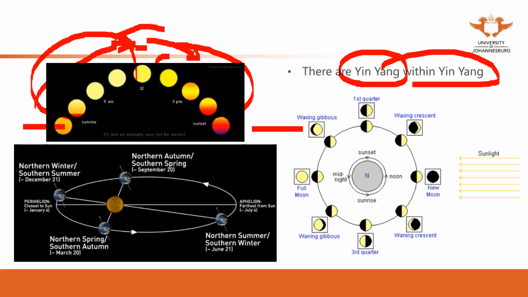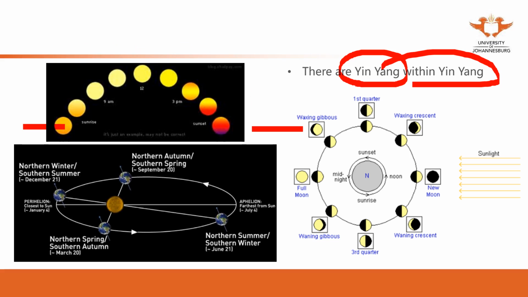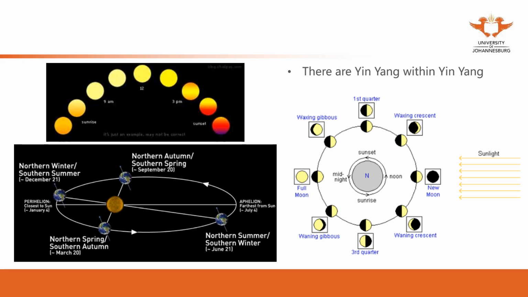A similar phenomenon you can also see from the movement of the moon, as well as the movement of the earth and the sun. From a new moon, the yin starts to accumulate, and the yang starts to reduce until a full moon. As you can see from here, as the yin accumulates, the yang reduces.